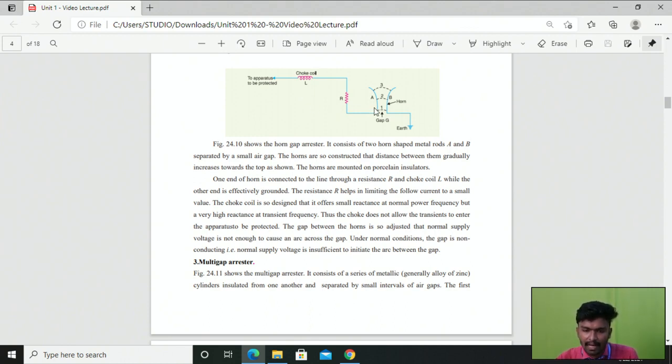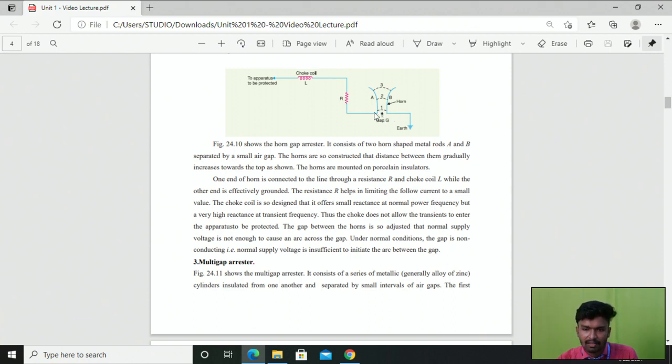And then the gap between these two horns is so adjusted that the normal supply voltage is not enough to cause an arc across the gap. Under the normal operating condition, the gap is non-conducting, that is, the normal supply voltage is insufficient to initiate the arc across the gap. As I told before, during the normal operating condition we don't have sufficient voltage to create this arc, right?